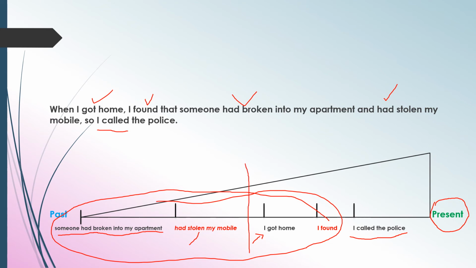Action number one, someone, maybe a thief, had broken into your apartment and had stolen your mobile. That is action number one. And action number two, you got home and found that terrible incident. This is the sequence of events or actions, and then you call the police.